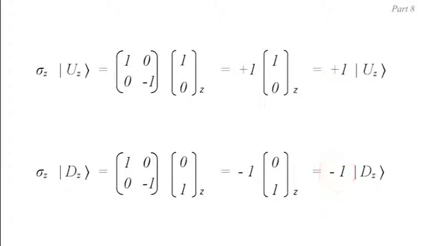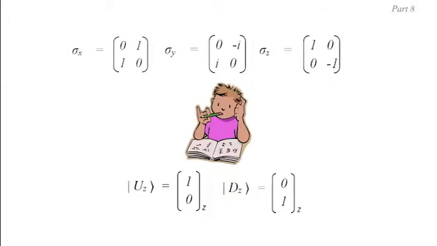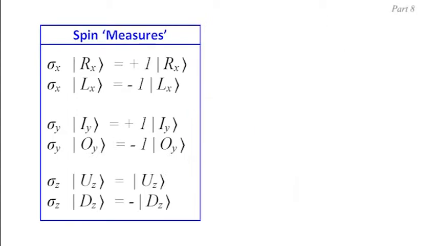This was when the result gave the same state but multiplied by a real constant number, +1 or -1. After playing with the various matrices and column vectors, we were able to write the 6 relationships like this, which related to the measuring of the component of the spin direction.